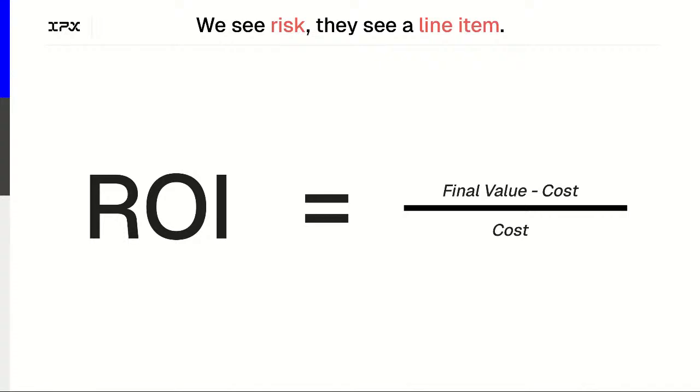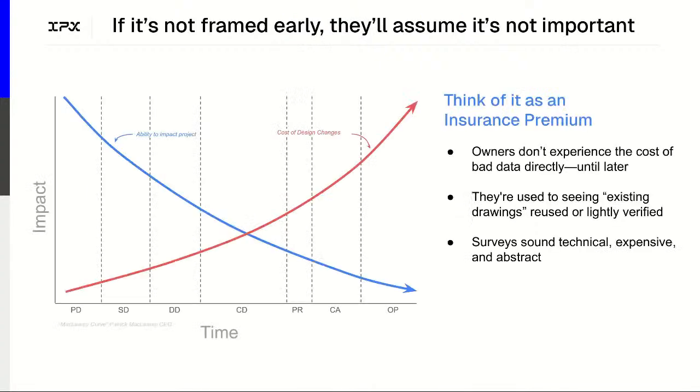But a lot of the return on investment isn't always quantitative. There's a lot of qualitative areas that we need to be able to describe and pitch to the owners, even if we believe in the value, right?